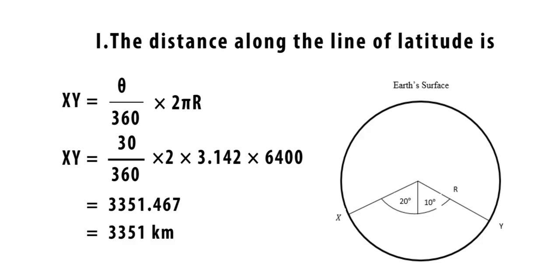If you use our calculators, you are going to get 3,351.467, and that is approximately 3,351 kilometers. Therefore, the distance along the line of latitude is 3,351 kilometers.